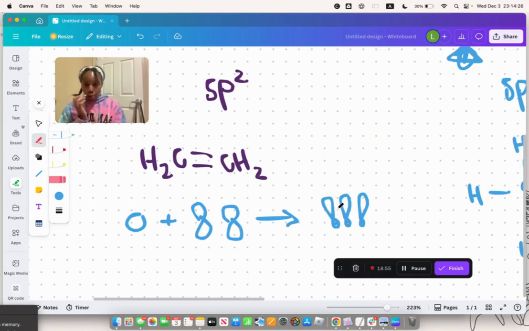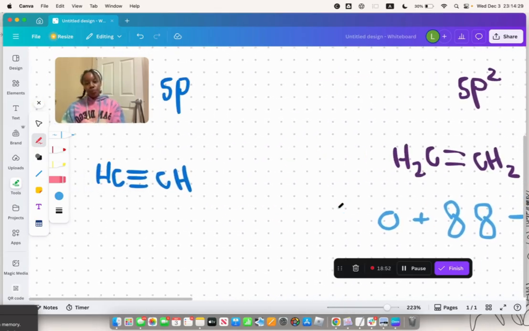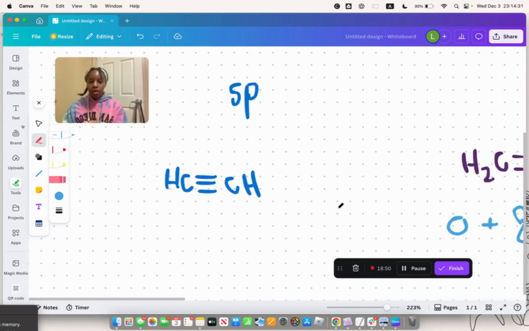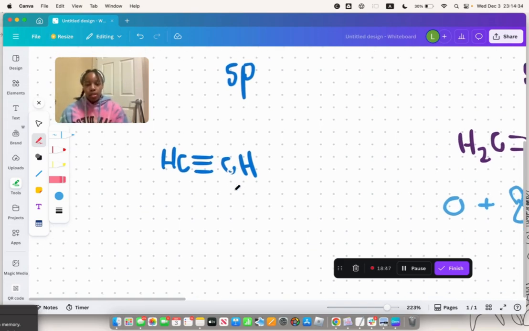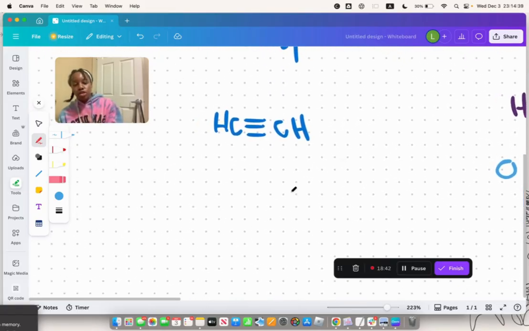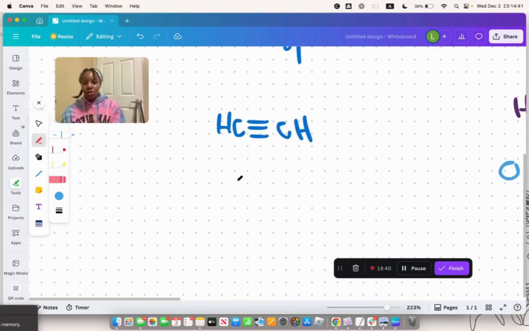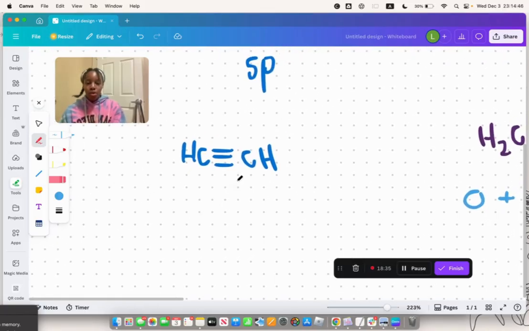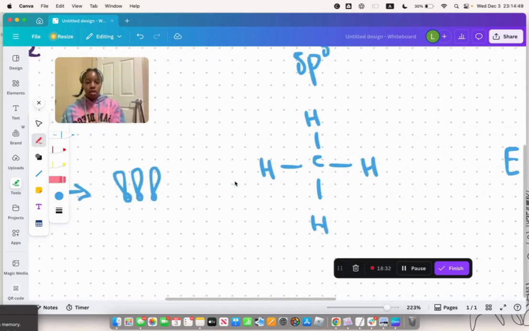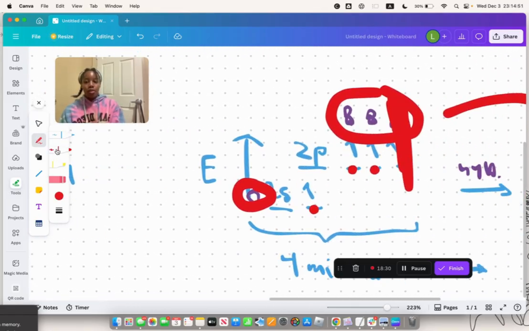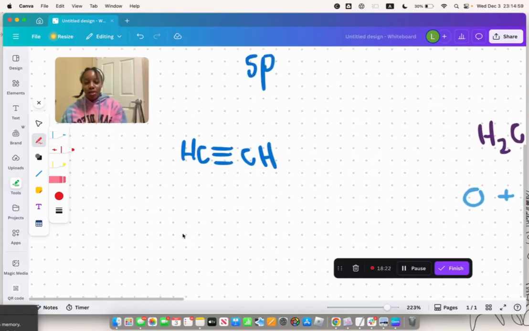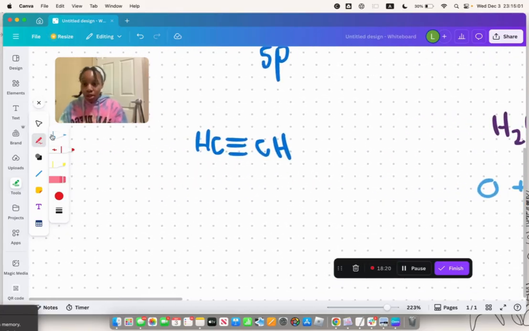So then we can look at ethyne, and this is a triple bonded carbon. So we're going to mix one s orbital and one p orbital. So you're mixing one s with a p.